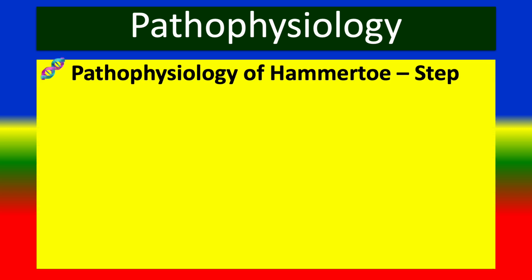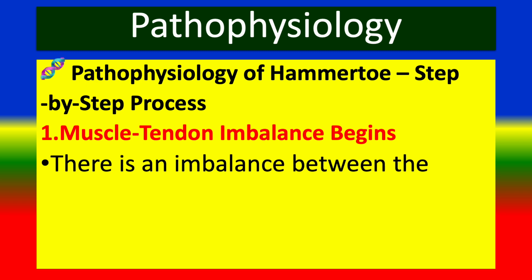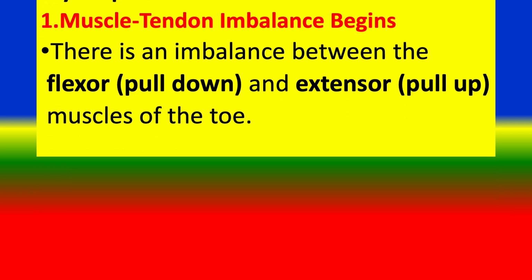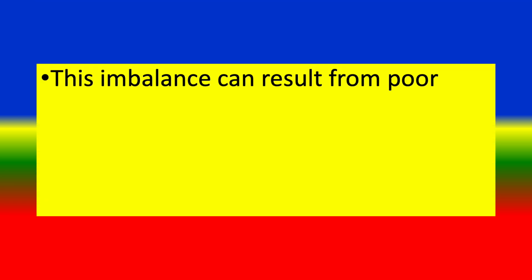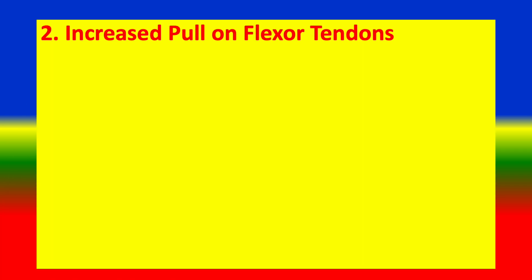Pathophysiology. Pathophysiology of hammertoe, step-by-step process. 1. Muscle-tendon imbalance begins. There is an imbalance between the flexor pull-down and extensor pull-up muscles of the toe. This imbalance can result from poor footwear, trauma, or neuromuscular disorders. 2.